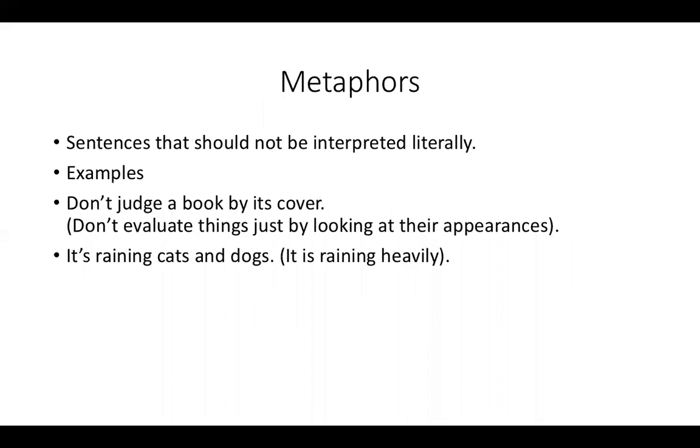Metaphors are sentences that should not be interpreted literally. Examples: Don't judge a book by its cover. What we understand from that sentence is don't evaluate things just by looking at their appearances. It's raining cats and dogs. It's raining heavily. So we don't normally interpret these sentences by their literal meanings.